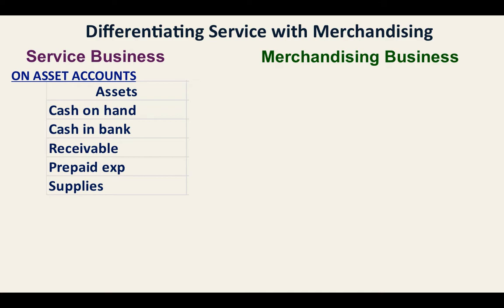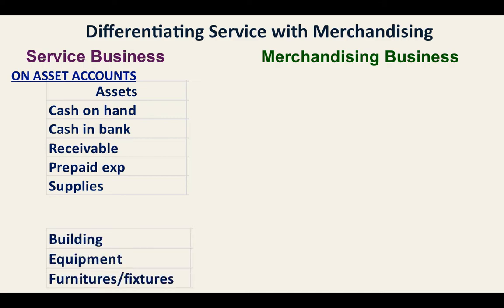Yun yung basic accounts na ginamit natin for current asset accounts. And for non-current, we have used building, equipment, furnitures, and the contra accounts of building, equipment, furnitures, and fixtures.